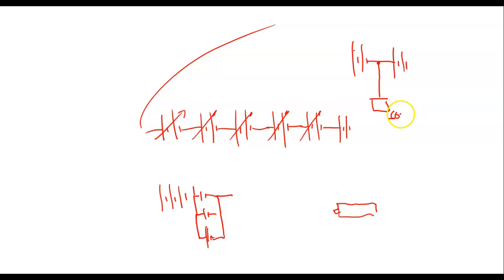Well, they call it ground, but it's common. And over here we have this terminal, and this power supply is labeled common. Then we have a terminal right here. This is your variable plus supply. This is your variable minus supply.